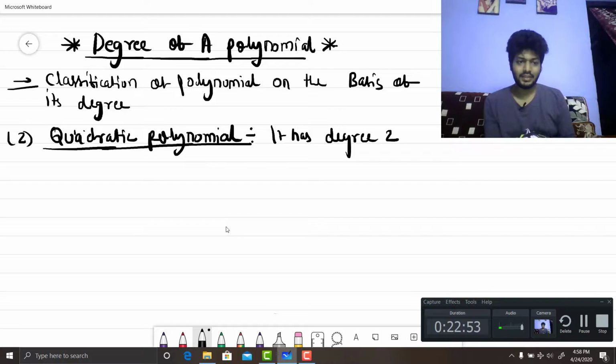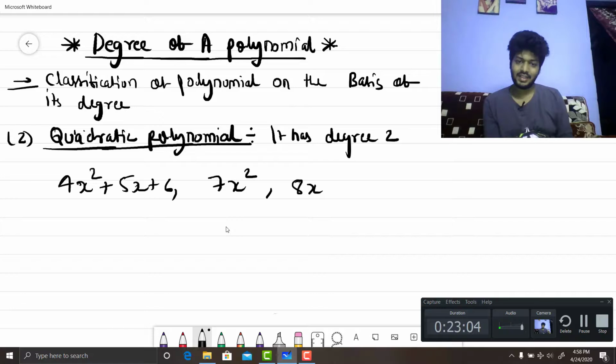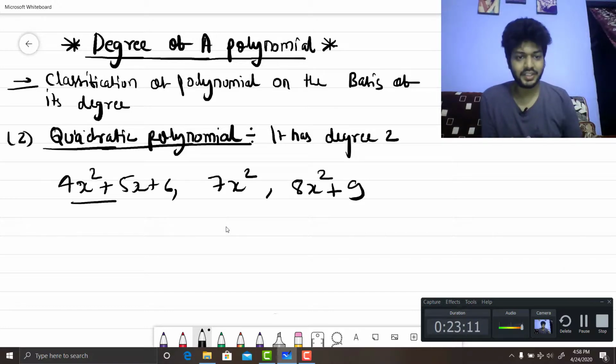So let's write down 4x square plus 5x plus 6, 7x square, 8x square plus 9. These are some expressions which are quadratic polynomials. You can check in all of these that it is in a single variable and the highest power is 2. Therefore the entire expression has degree 2 and hence it is a quadratic polynomial.